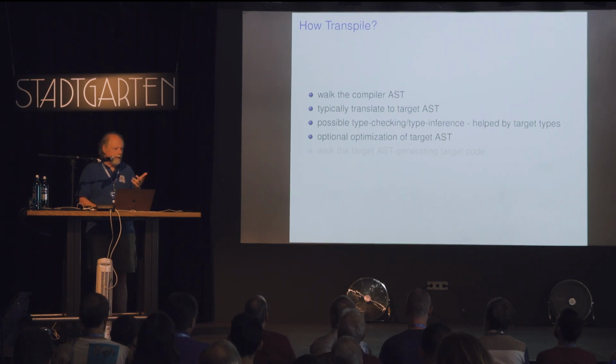So in fact, in PharoJS, this is an example where that for loop AST actually gets put in the optimization phase. And then finally, you walk the target AST, generating the target code, whether it's a source code like JavaScript, or whether it's a class file like in PharoJVM.